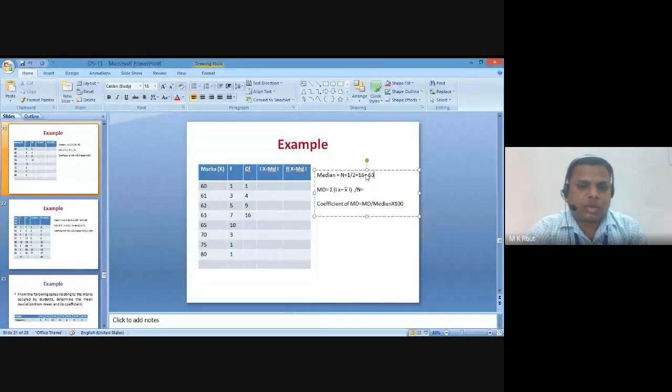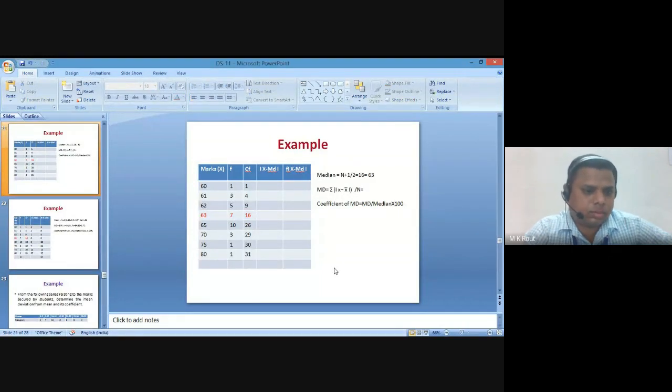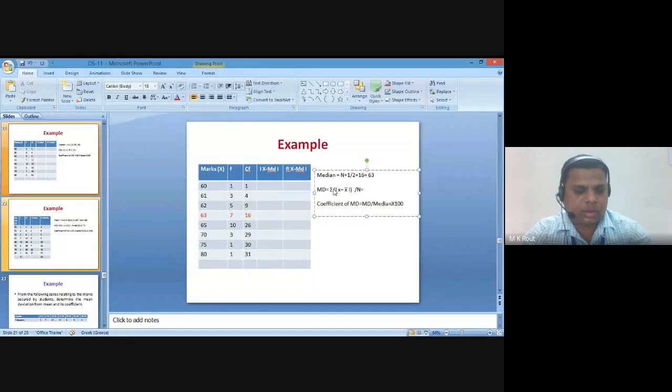Then proceed to calculate x minus median. Calculate the value of mean deviation. Sorry, here f I forgot to write.